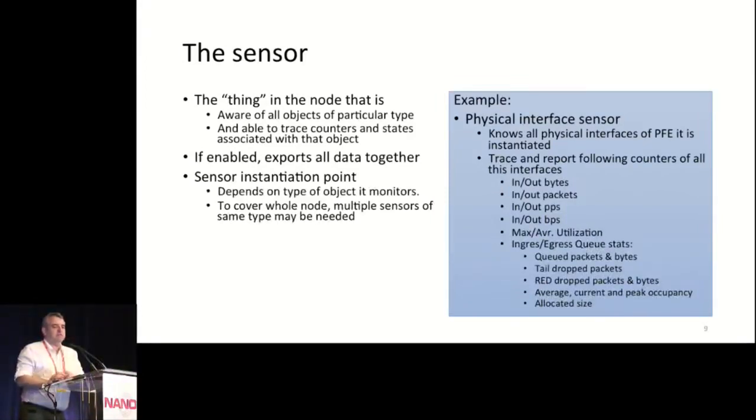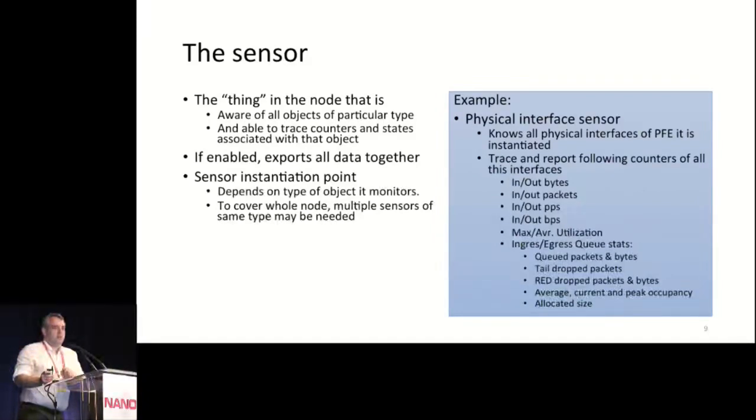This interface sensor knows about all interfaces and all counters related to them. And sensors are instantiated where the data are actually measured. So ideally, the interface sensor should be instantiated directly on the ASIC or directly on the NPU. And then the sensor is also able to export data.